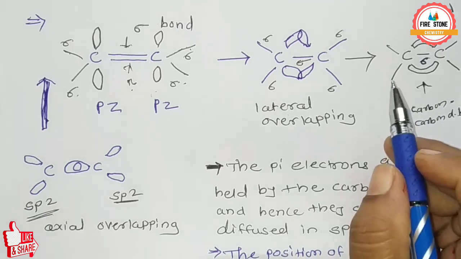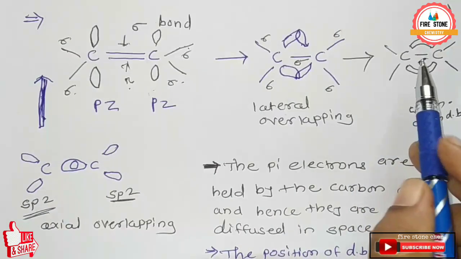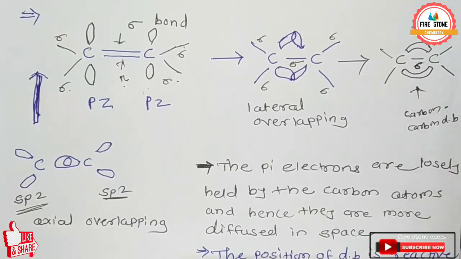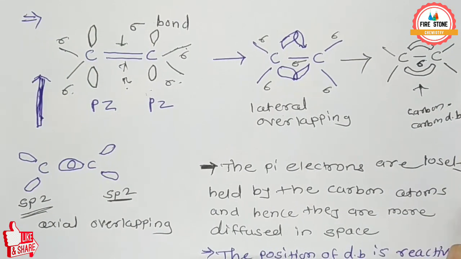So the reactive site in the molecule is the pi bond, and therefore carbon double bond carbon containing compounds give electrophilic addition as well as nucleophilic addition, due to the presence of sigma bond and pi bond, which show axial overlapping as well as lateral overlapping.